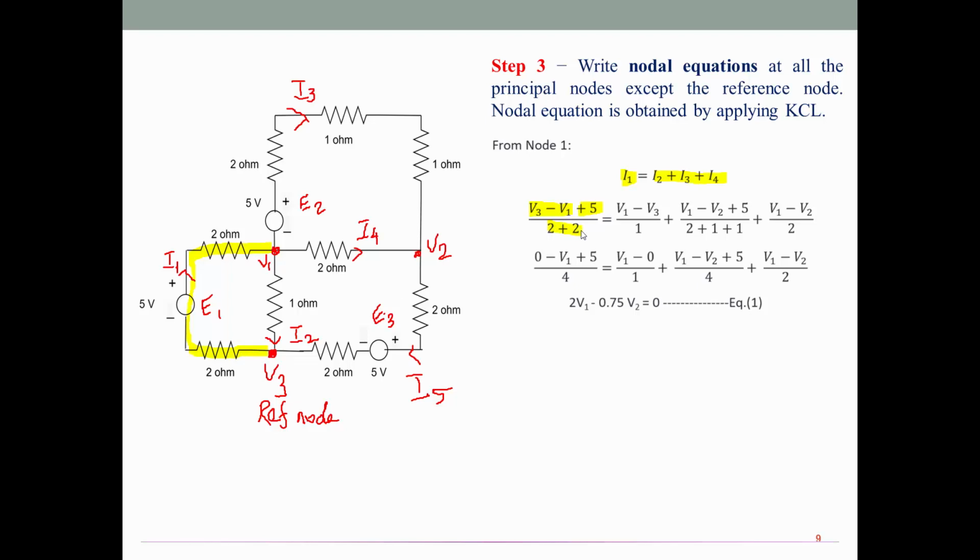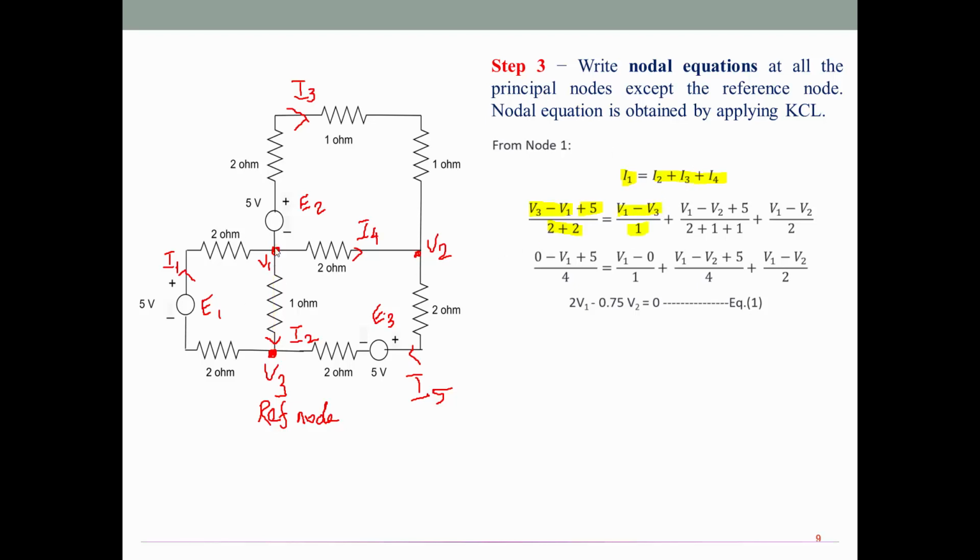So take down 2 plus 2. This is I equal to V by R, that equation. Then coming to I2, which is flowing between node 1 and 3, so V1 minus V3 divided by 1.